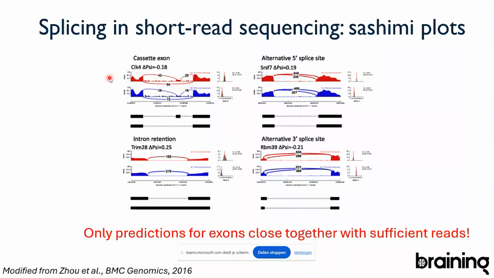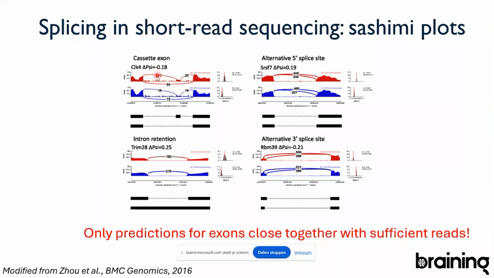What I would need is reads that fall in between the boundary between the first exon and the second exon. If I have a read that overlaps those two boundaries, I can confidently say, okay, those two exons are in an mRNA molecule. They are next to each other. And that's what you see here in the sashimi plots.